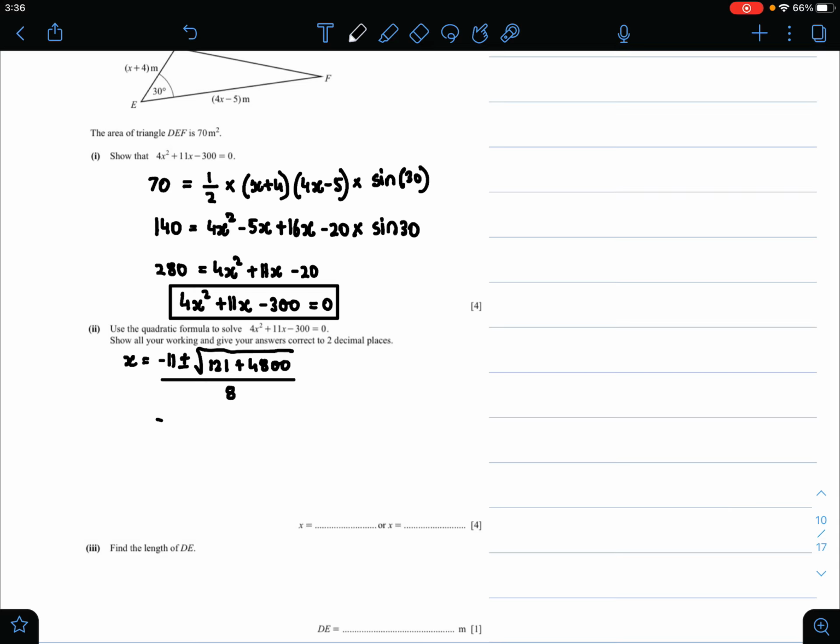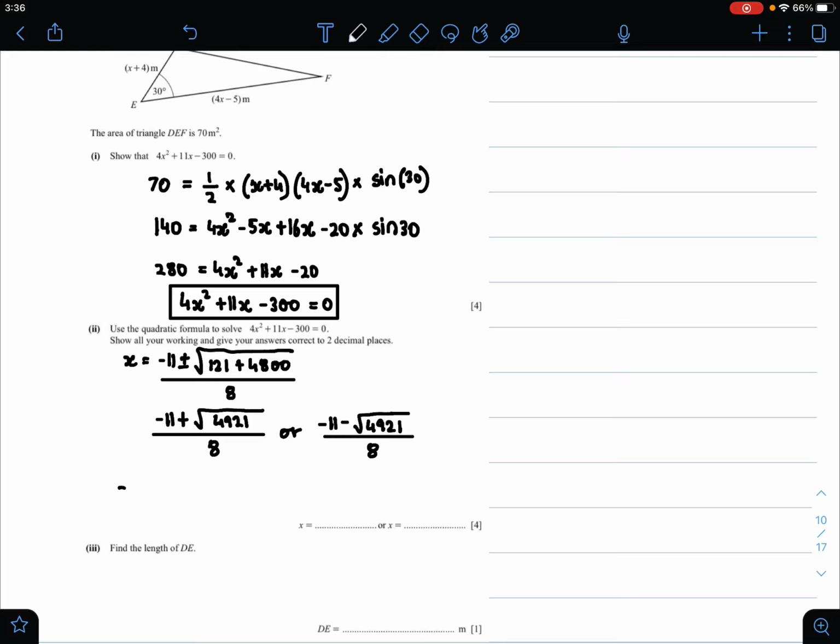Now, minus 11 plus root of 121 plus 4800, which is 4921, divided by 8, or minus 11 minus root of 4921, the whole thing divided by 8.